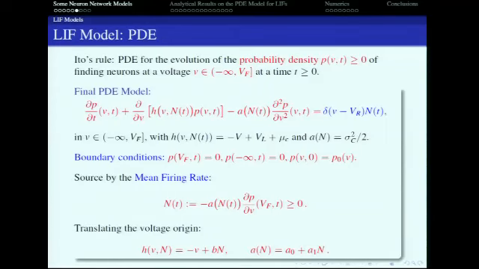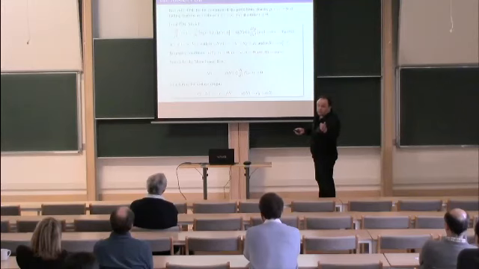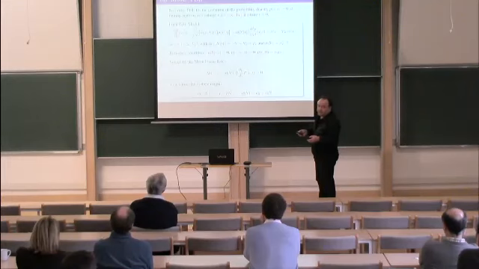The important thing here is that the drift will be minus v plus a constant times N. Okay, so here you have a nonlinear model, because your drift was depending on nu, the firing rate, and nu depends on N, and N depends on p through the flux at the threshold.